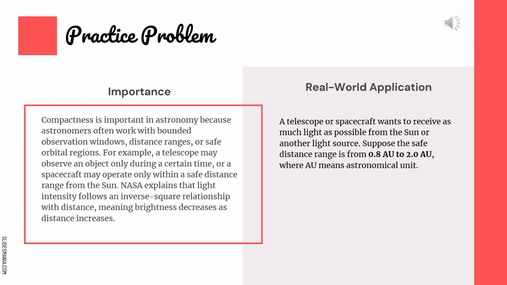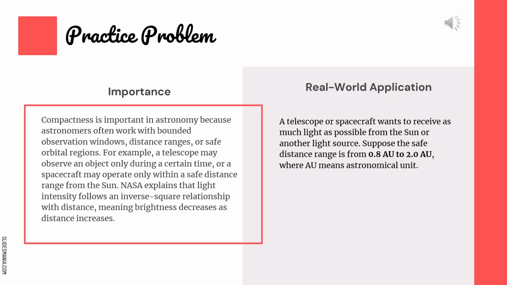So compactness is important in astronomy because astronomers often work with bounded observation windows, distance ranges, or safe orbital regions. For example, a telescope may observe an object only during a certain time, or a spacecraft may operate only within a safe distance range from the sun. NASA explains that light intensity follows an inverse square relationship with distance, meaning brightness decreases as distance increases.